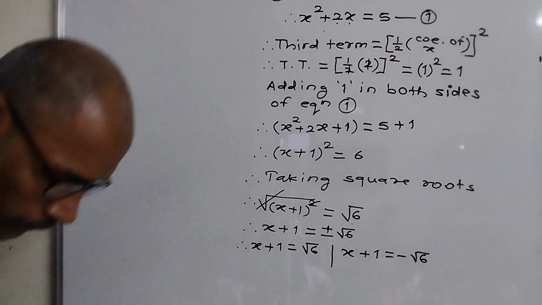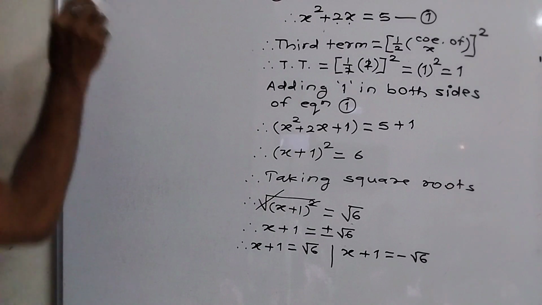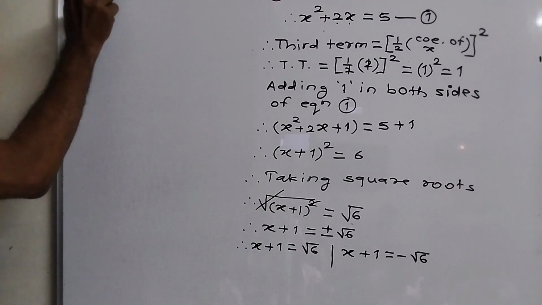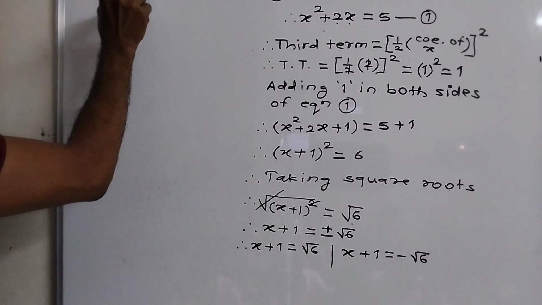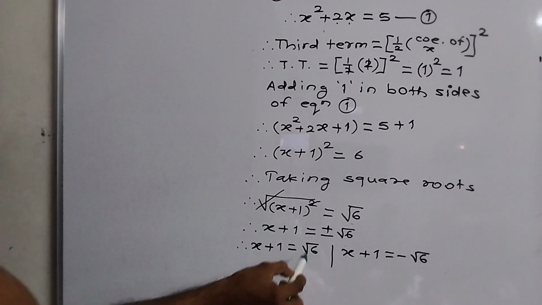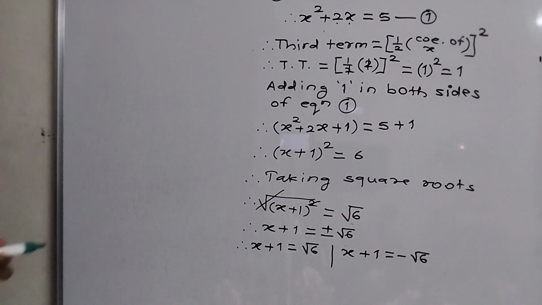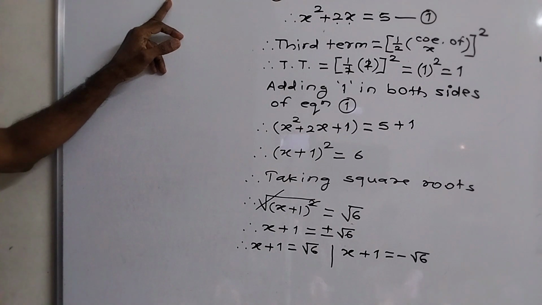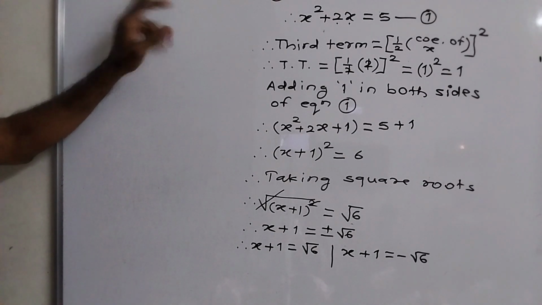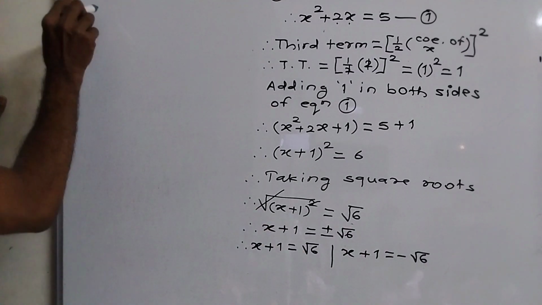Did you understand? Now we take this plus 1 to the right side. Therefore, our plus 1 becomes minus here. Plus already here square root of 6. Means the value of x is equal to minus 1 plus square root of 6. Same way we take this plus 1 to the right side.